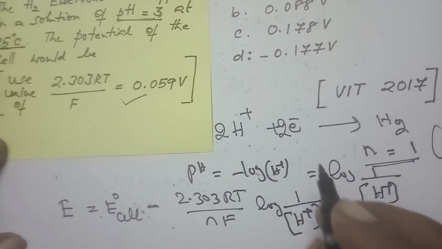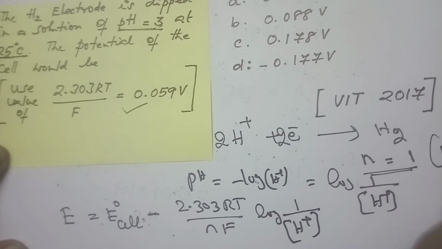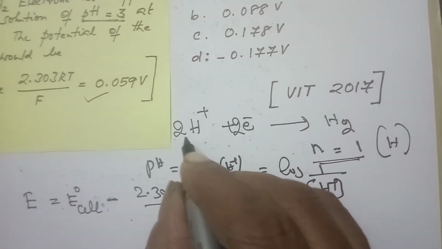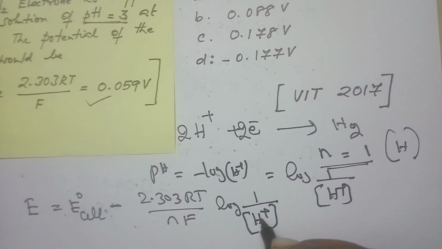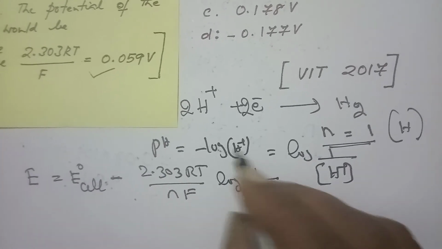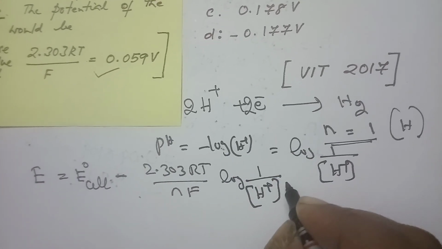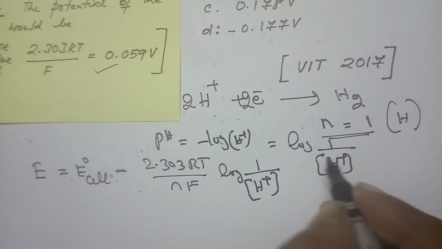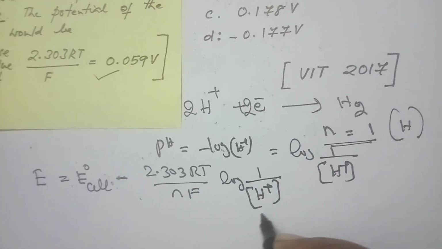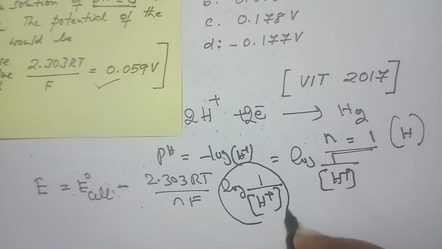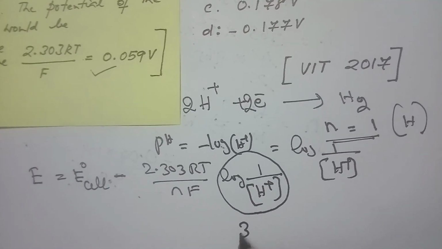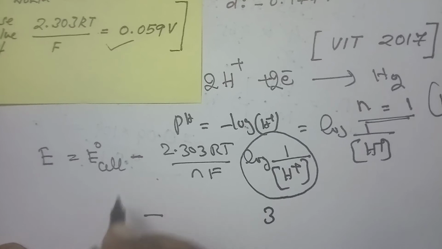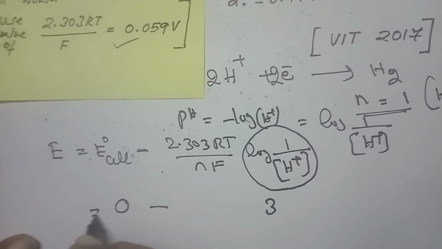As I already told you, consider only one atom, so for hydrogen you take H plus only. Don't write the stoichiometry 2. Here it should be 1. Next, since pH is equal to log of 1 by H plus, we take this as pH, which is 3. Next, E naught cell for hydrogen is equal to 0.